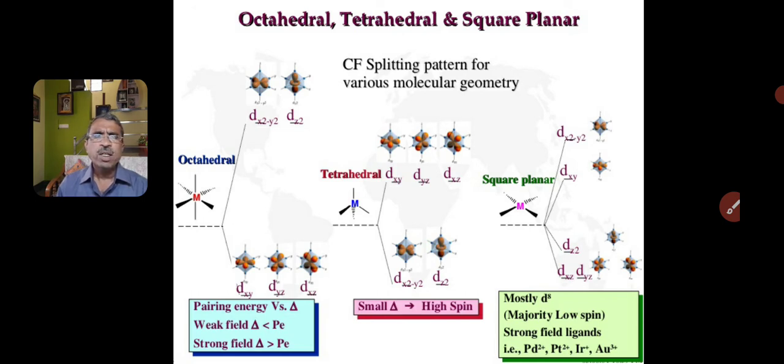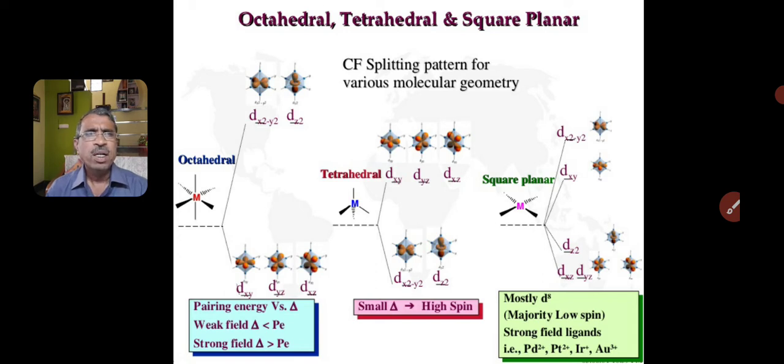In case of square planar complexes, it is similar to the octahedral, and in octahedral, the eg orbitals further split, wherein the dx square minus y square orbital has higher energy and then the dz square orbital, and further the t2g orbitals, there the dxz and dyz orbitals have lower energy and the dxy orbital has higher energy.